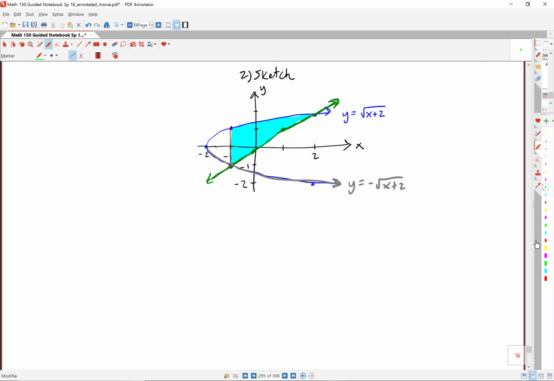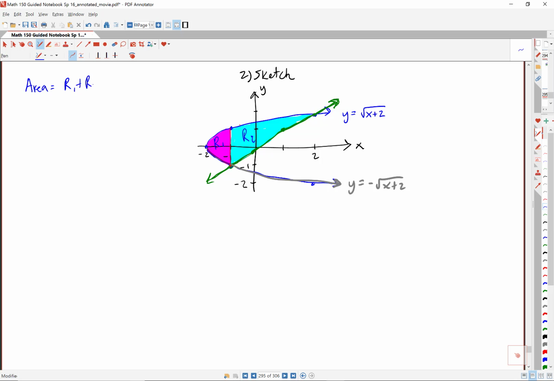We're going to need to figure out this region, this pink purple region, and then the blue region. So let's see what we got going on. So if we call this region 1 and we call this region 2, our overall area is going to be equal to region 1 plus region 2, right?